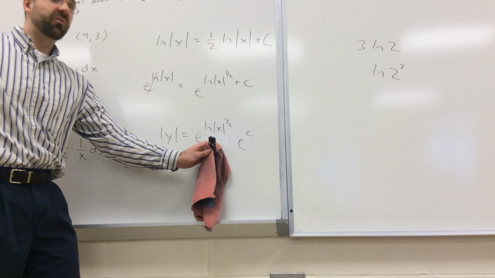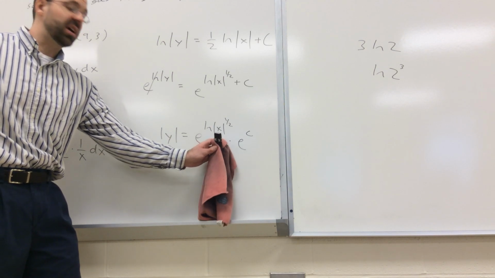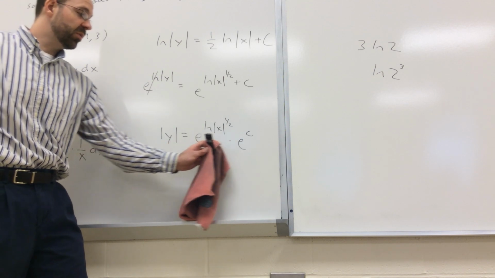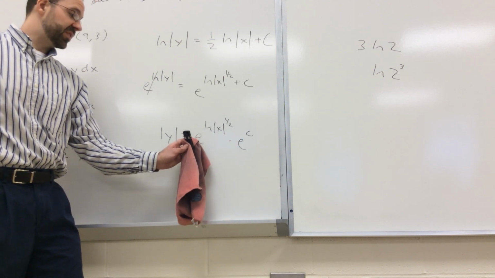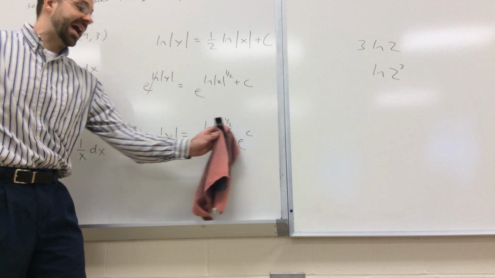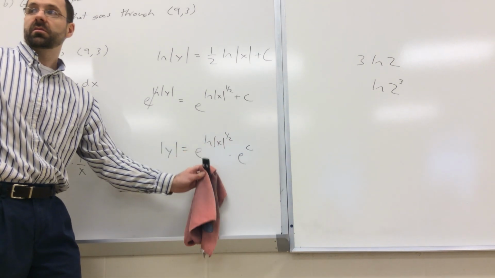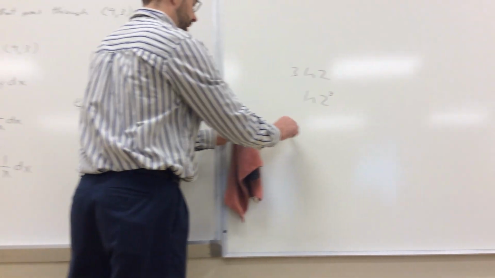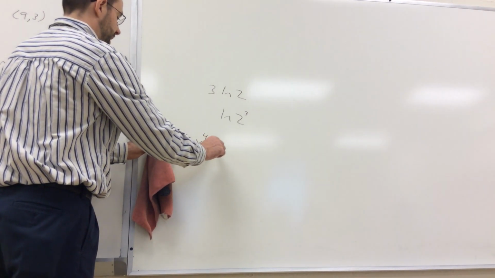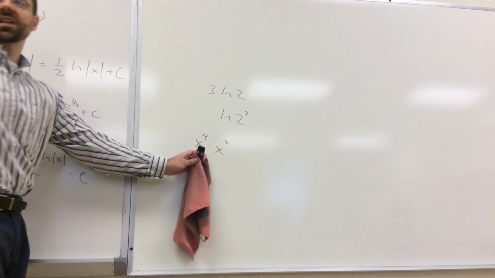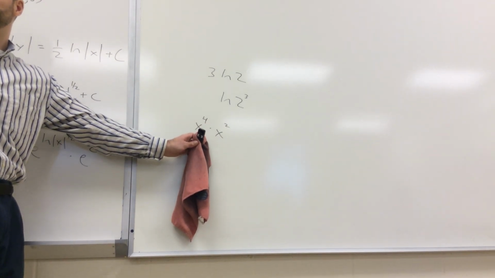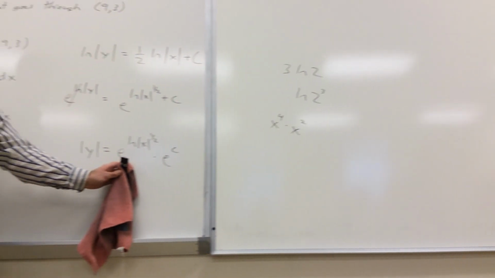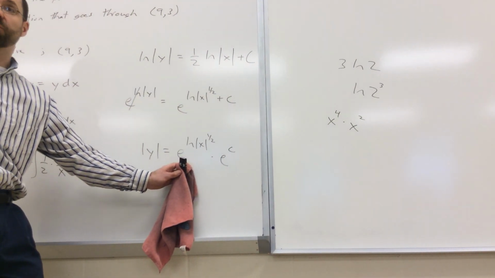A very common mistake would be to put a plus here. But that's not correct, because if you have two things multiplied with the same base, then you add the exponents. It's like x to the 4th times x to the 2nd is x to the 6th, right? x to the 4 plus 2 power. So this would be e to the ln of x to the 1/2 plus c power.